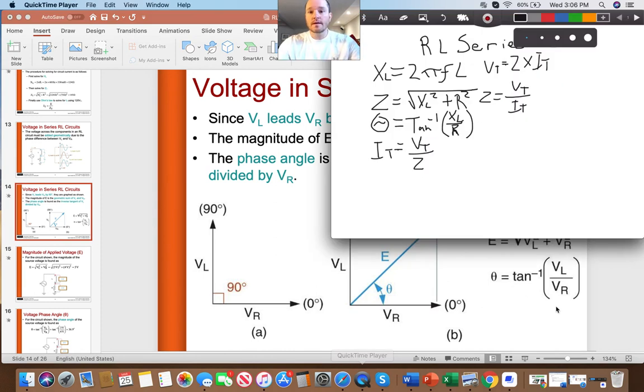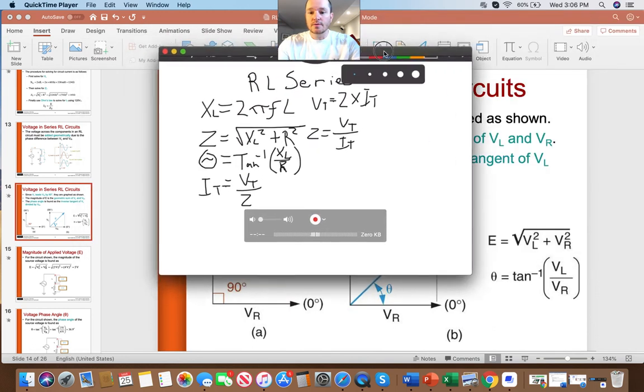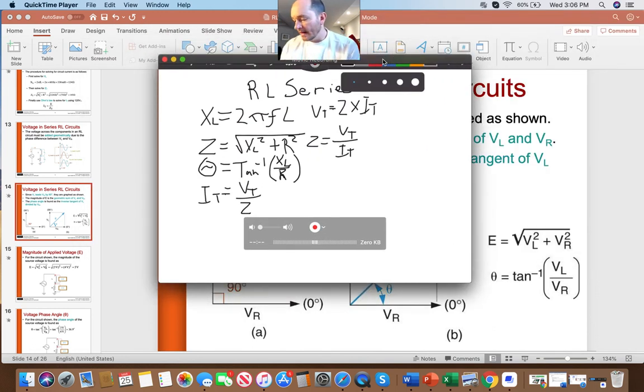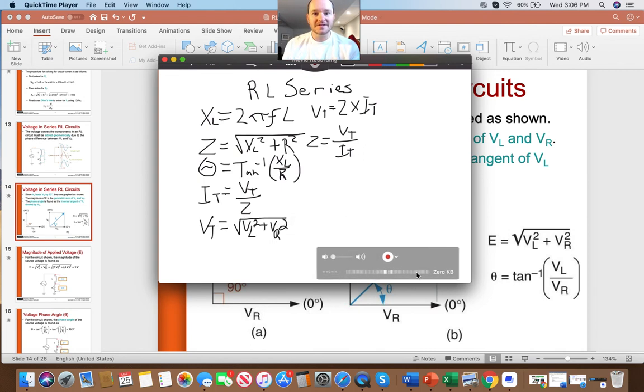Our next formula that we need to write down, and I'll use voltage total here, is: voltage total equals the square root of the voltage across the inductor squared plus the voltage across the resistor squared. Oops, let me get that out of the way so you can see it. Sorry about that.